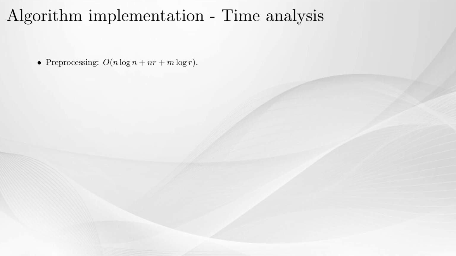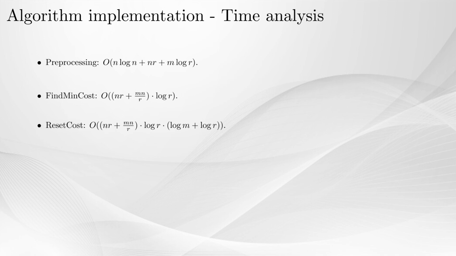In this part, we find the minimum cost for each cell in the cutting, and we associate the lambda value for each cell and the point Q. And we find the minimum cost, which means for each disk DI, we have to find the point with the minimal cost among all points covered by this disk. And for the points that do not cover this disk, we need to reset their cost. These three steps take time given by these three formulas.